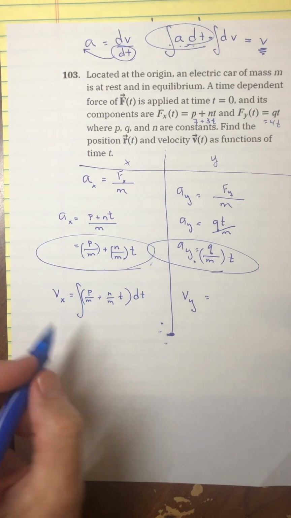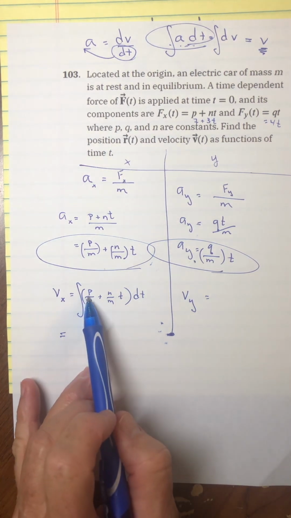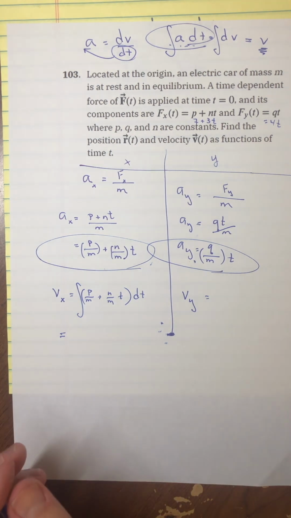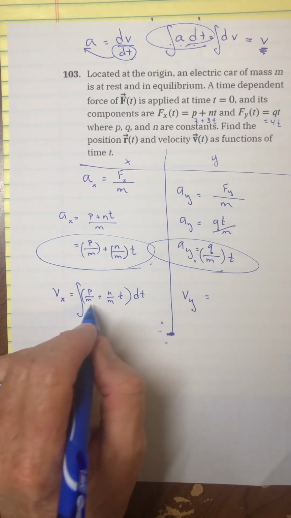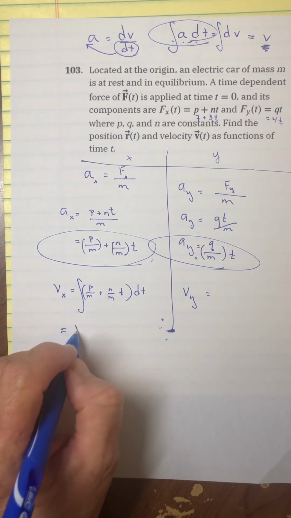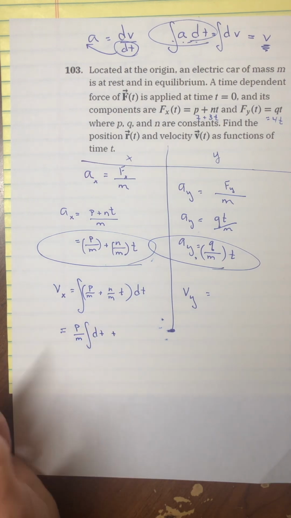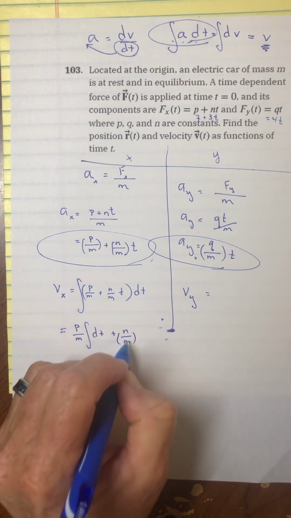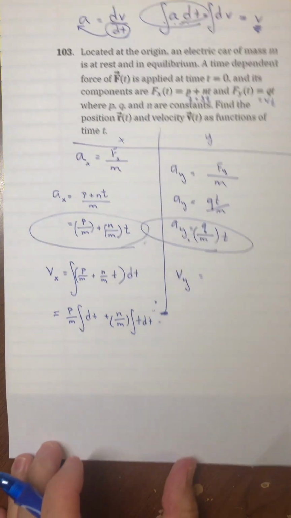Fortunately, this is that calculus review where I said, how do you treat constants and how do you treat additional terms? This is what we mean by a linear operation. So for this first one, we could pull the constant out in front, p over m, and just have an integral of dt. And the second one, we can pull out the constant n over m and have an integral of t dt.